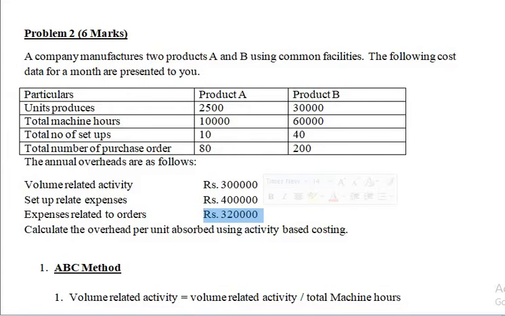So the total cost incurred to produce product A and product B is rupees 3 lakh plus rupees 4 lakh plus rupees 3 lakh 20,000, so total 10 lakh 20,000 is the total overhead cost incurred to produce product A and product B.